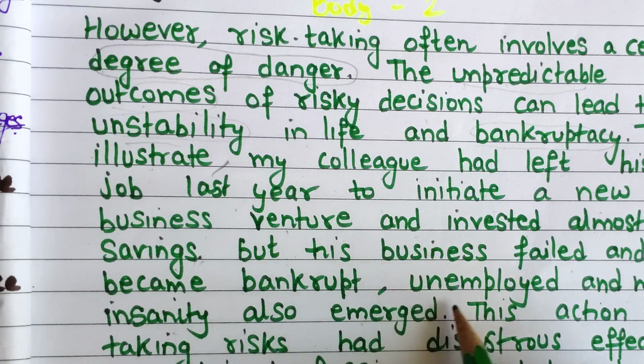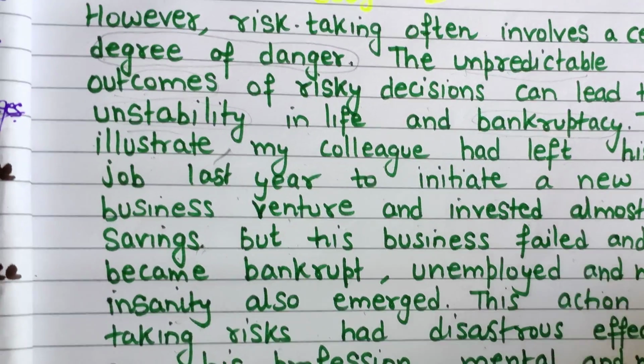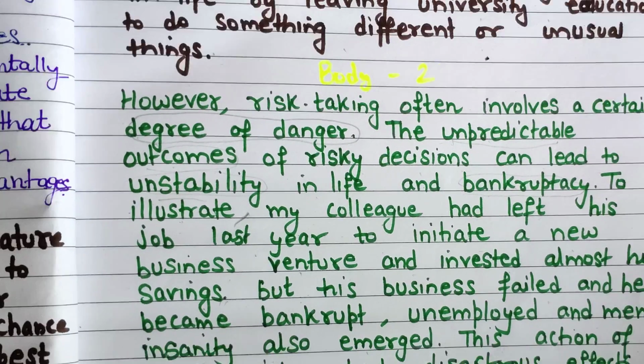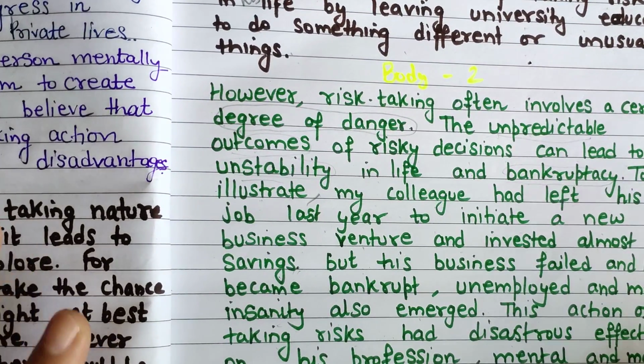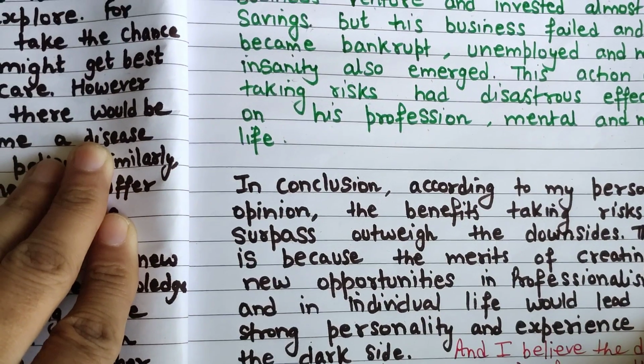Okay, just because of his failure in business, these three things had emerged. This action of taking risk had disastrous effects on his profession, mental, and married life. Got it? So this is my part 2, body para 2. You can see body para.